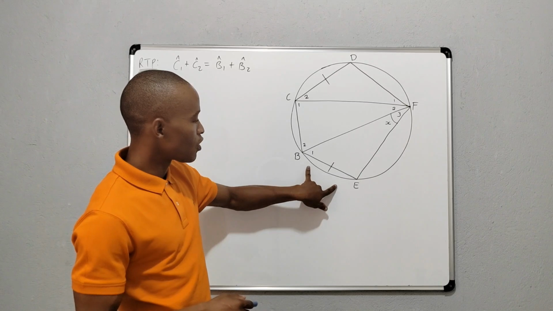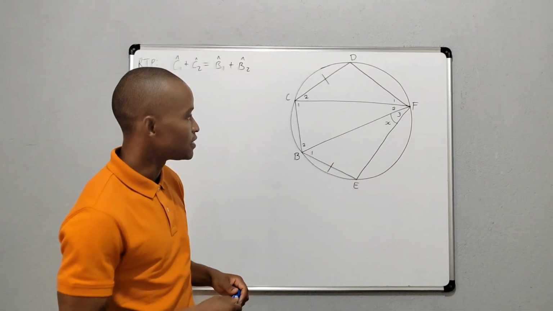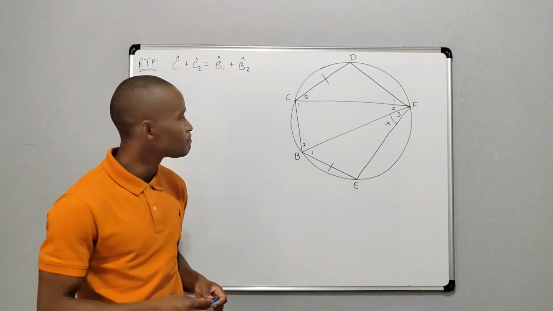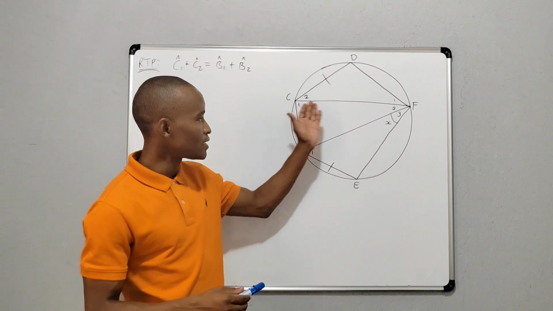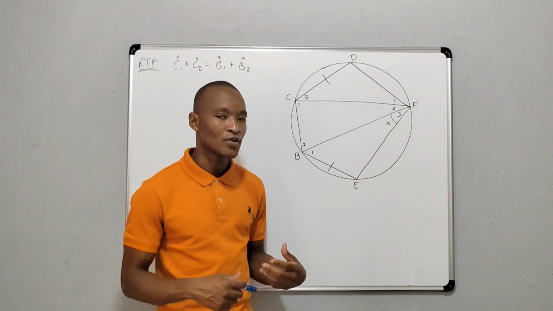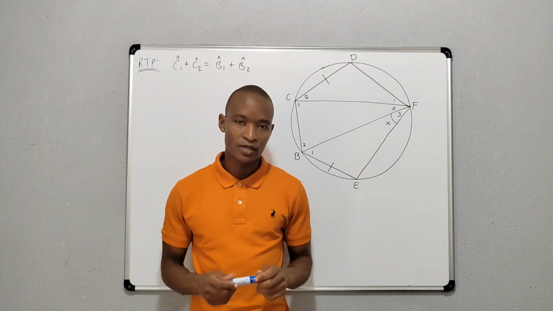And we see chord BE is equal to chord CD. What else do we see? We cannot assume that BF is a diameter. If it is not said in the question, we cannot use that property of the circle, as much as we have a circle.